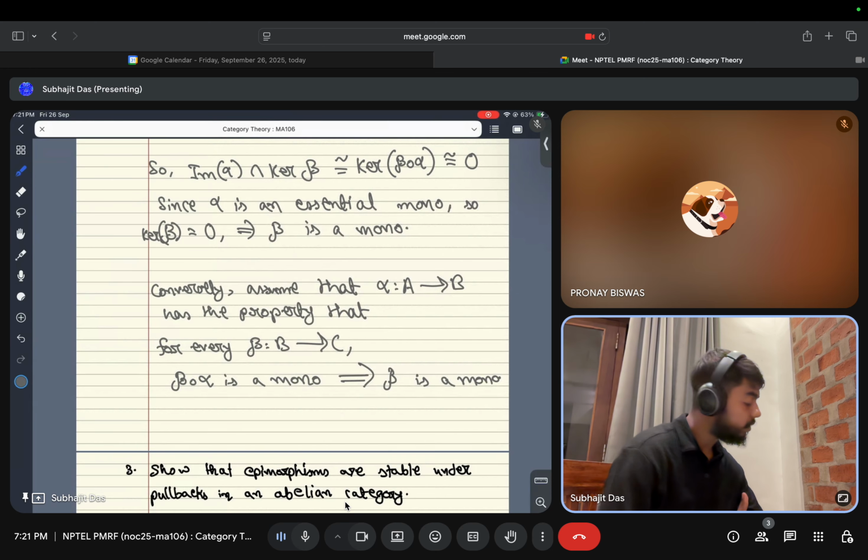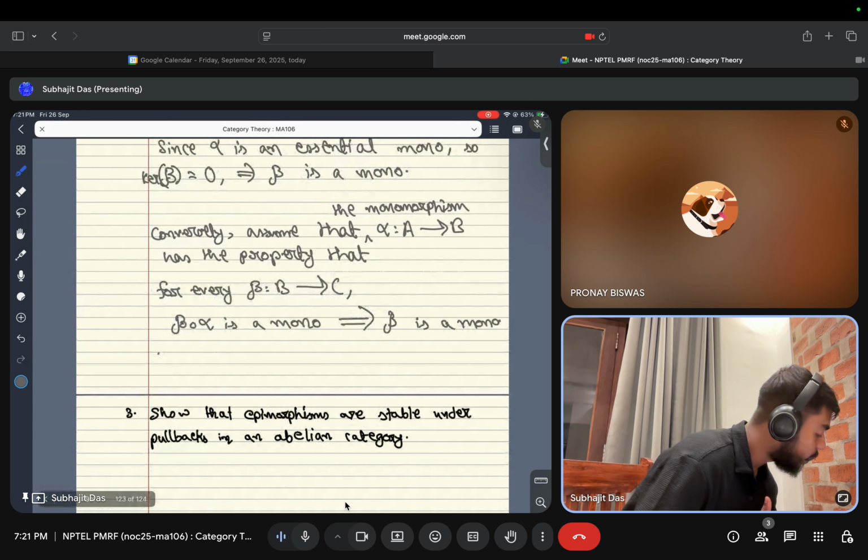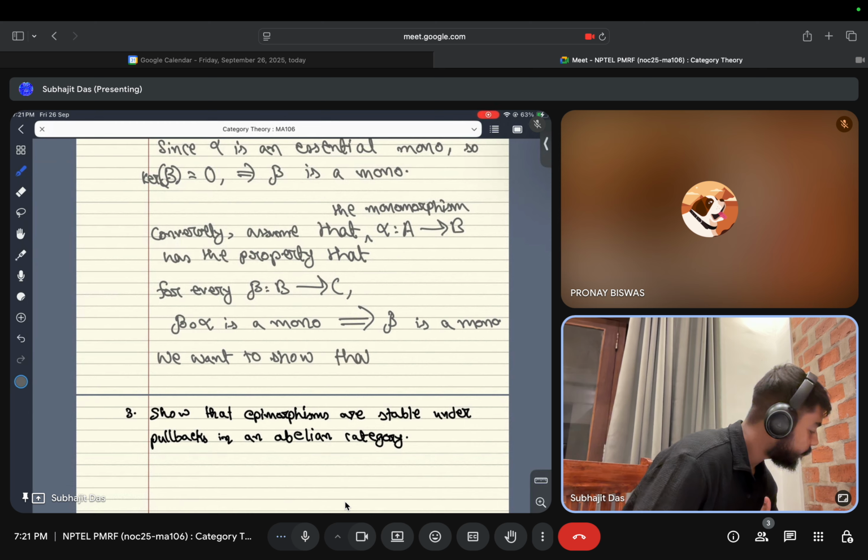Conversely, assume that the monomorphism alpha from A to B has this property. We want to show that alpha is an essential monomorphism.